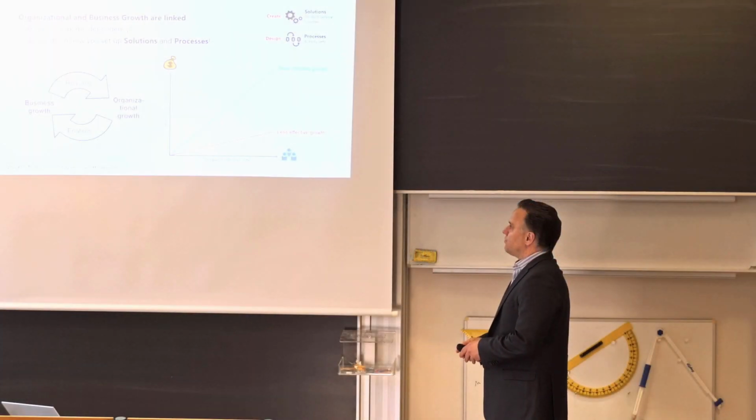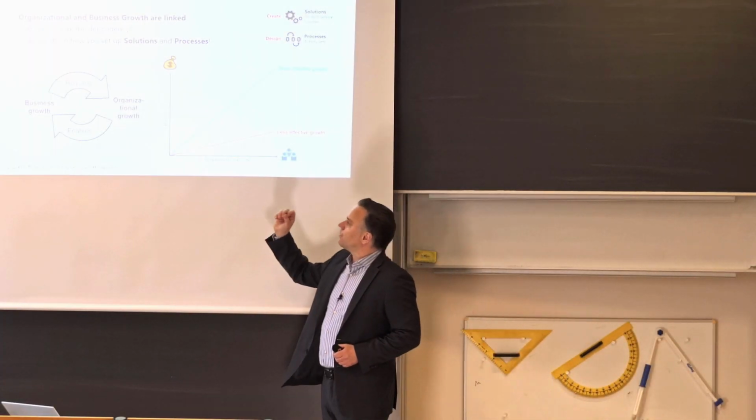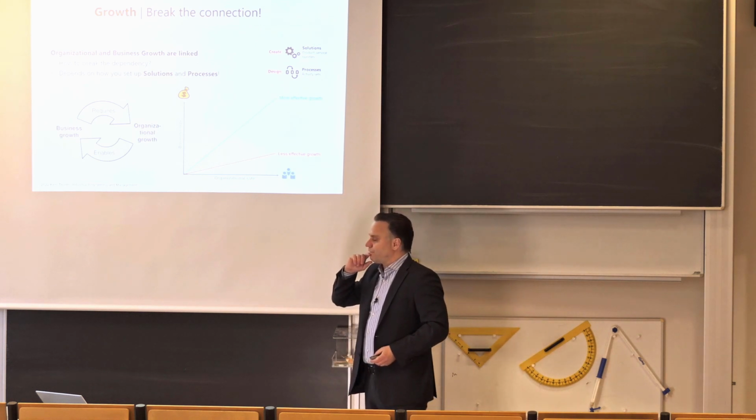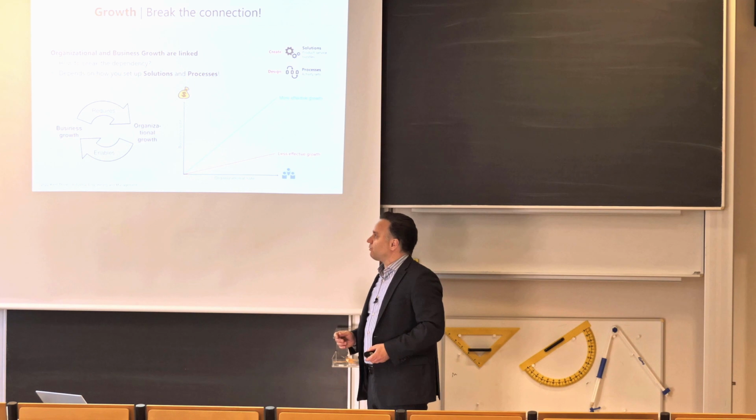The idea now is to break the dependency as much as we can between organizational growth and business growth. So one company might be needing a lot of growth in terms of the organization to deliver value, but the business size grows much more slowly compared to something that would be more of a platform that just shoots out value. Then there's a huge difference.